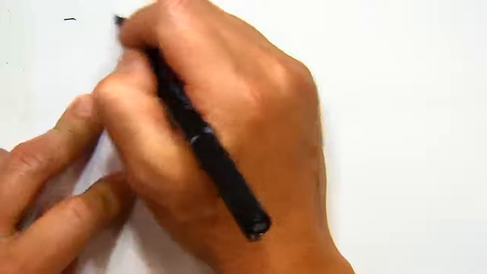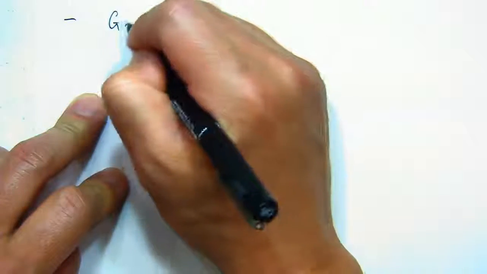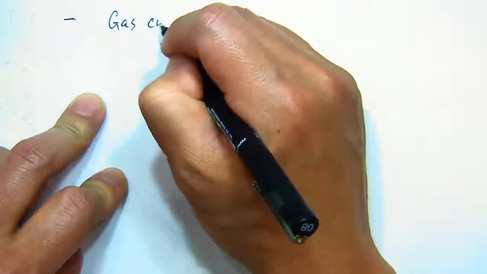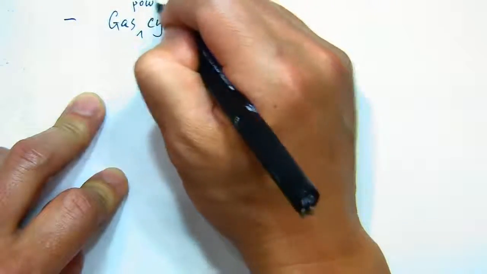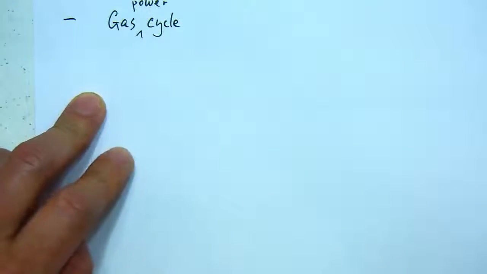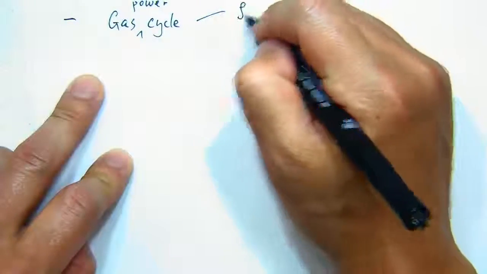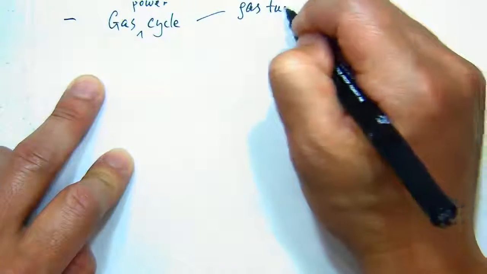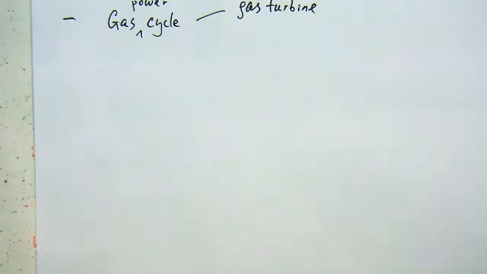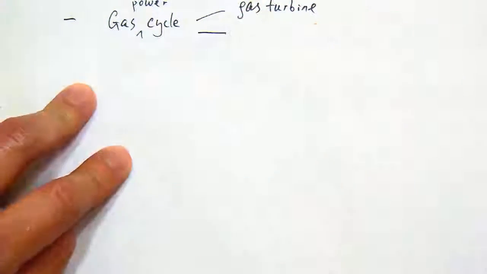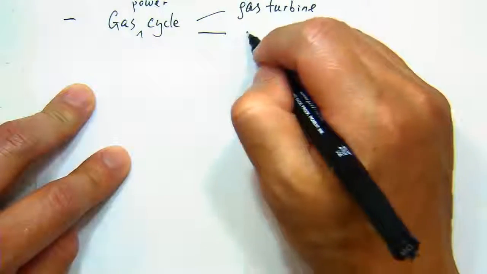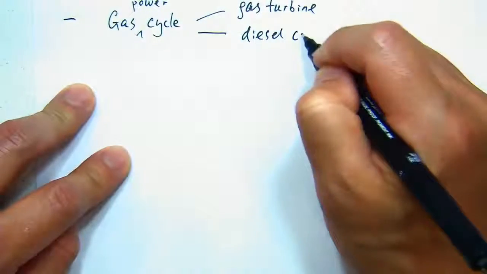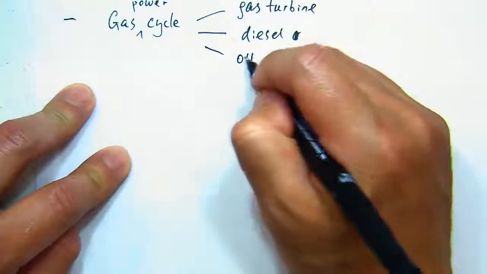Right. So the gas turbine cycle is one type of gas cycle, or I should say it's gas power cycle, and that including the gas turbines, which we discussed here, and also including two other cycles which we do not discuss here, but you should have some idea, which is called a diesel and Otto cycle.